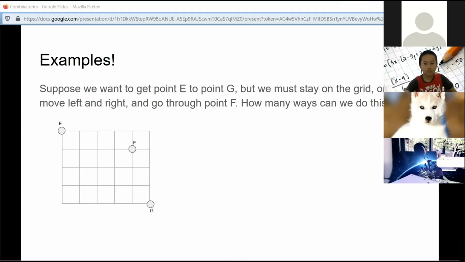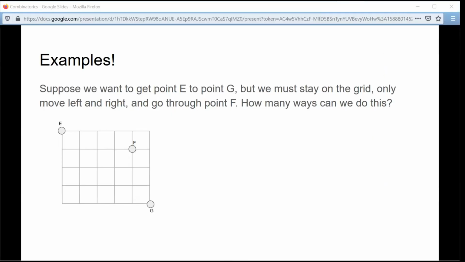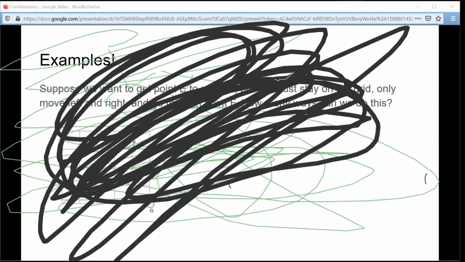Okay, let me share my screen. Can everyone see this? Okay. Yeah, we have to stop the annotation.